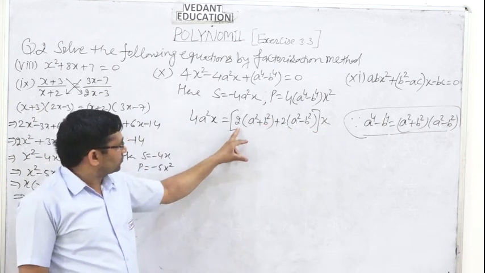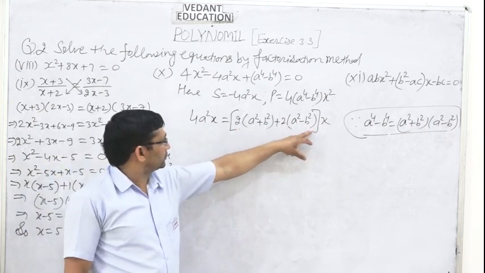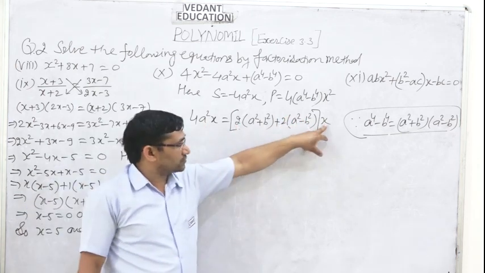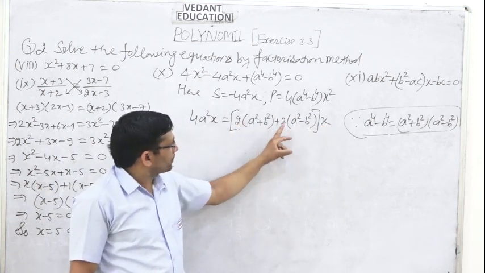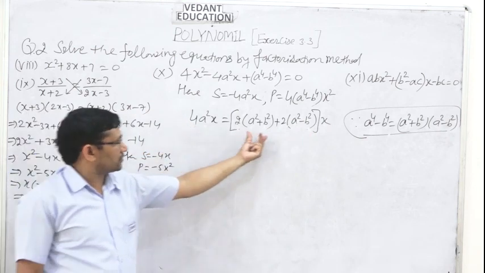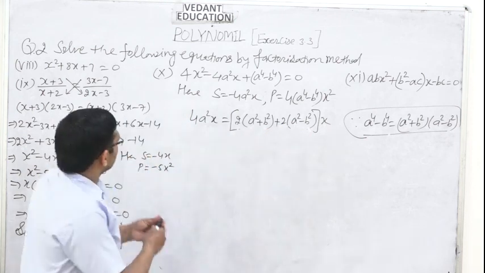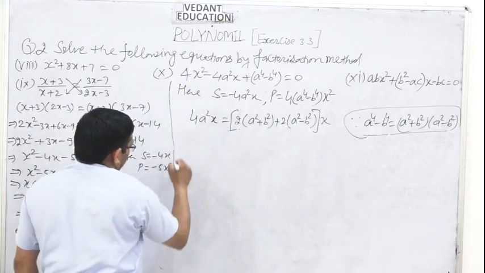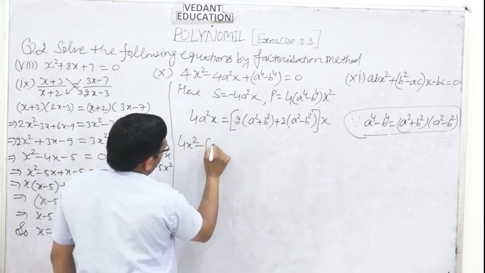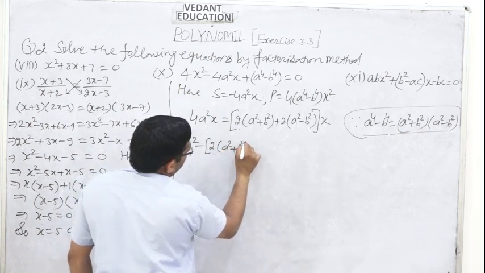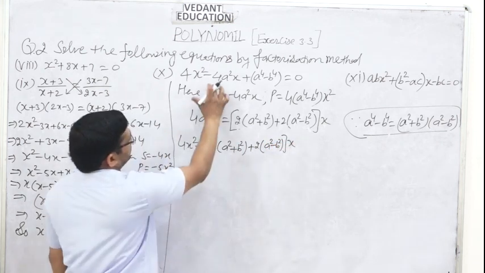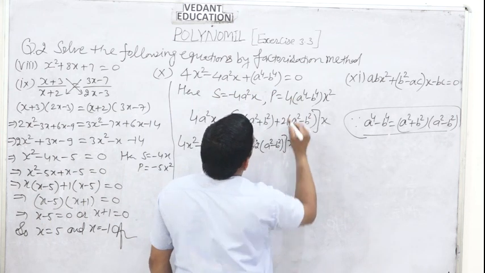If you simplify this, 2a square plus 2b square plus 2a square minus 2b square, it means 2a square plus 2a square is 4a square and this multiplied by x, and 2b square minus 2b square cancel. It means we can break 4a square x into the sum of both. Okay, so we can write here 4x square minus twice of a square plus b square plus 2a square minus b square multiply x plus a power 4 minus b power 4.